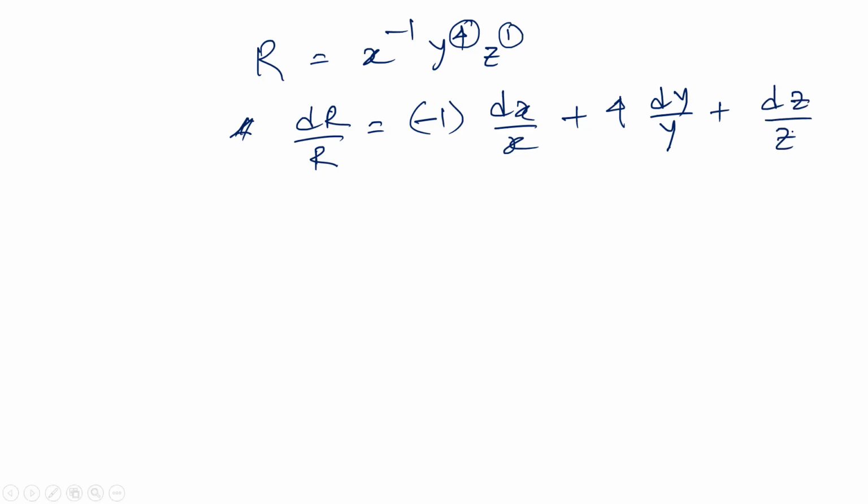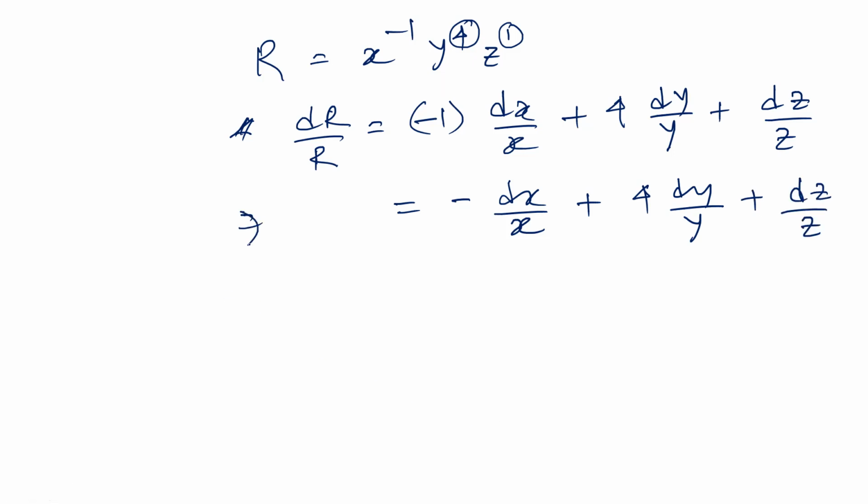So within one line you can write that expression. Simplified, I can write minus dx upon x plus 4 into dy upon y plus dz upon z, and obviously it equals dr upon r.